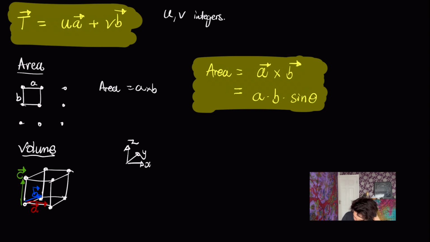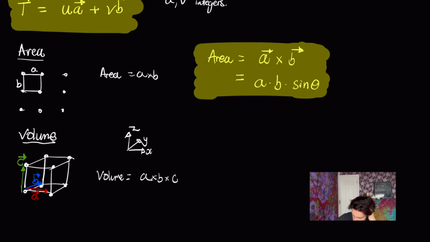So how do we work out what the volume of this cube would be? Well, like in the simple case of the square, we can simply write that the volume of the cube is equal to A times B times C. So rather than in the case of a parallelogram in 2 dimensions, the 3-dimensional variation is what's known as a parallelepiped.